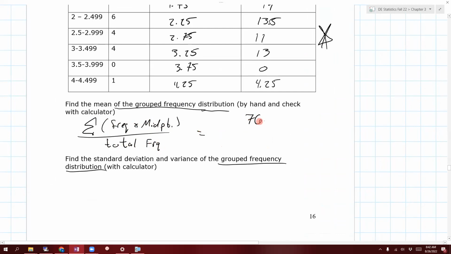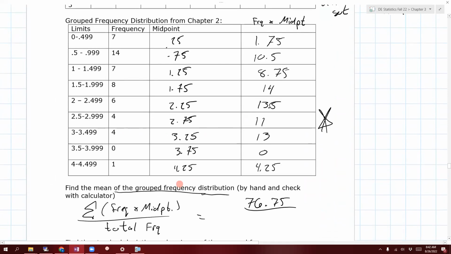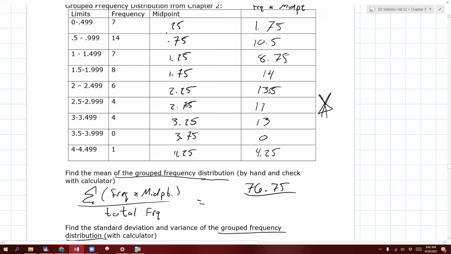That gives me 7675 divided by, now I have to come up with the total frequency. So add up all of my frequencies.